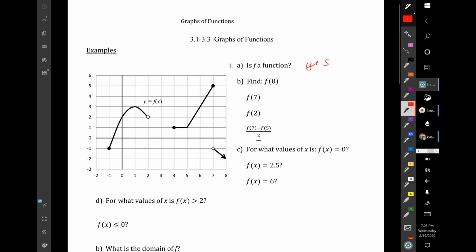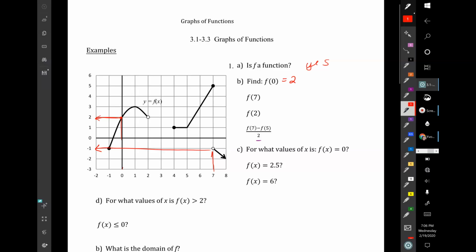F of 0: if we start at 0 and travel up and hit the graph, then look to the left, we have 2. F of 7. So here's my 7. Look left. Actually, let's see.